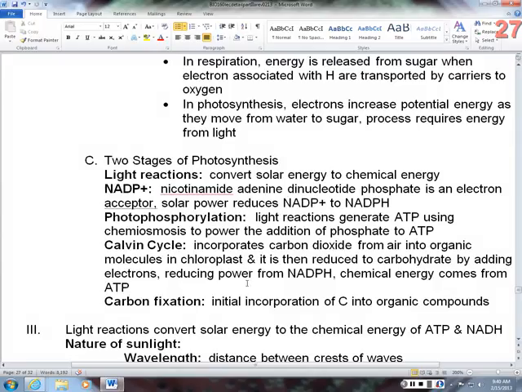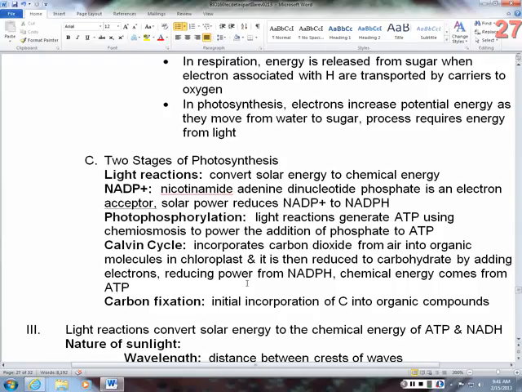You're going to get the electrons from NADPH. So solar energy charges up these NADPHs with electrons. Then you're going to use those electrons to provide the energy to glue these carbons together at the end to make the sugar.